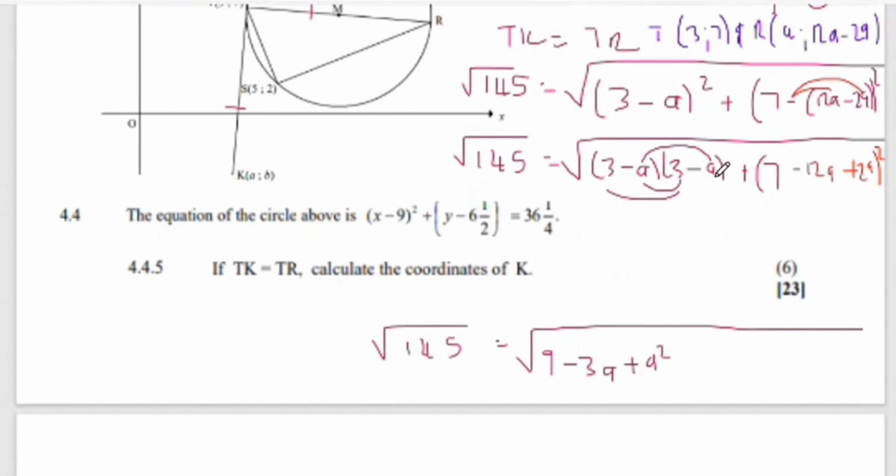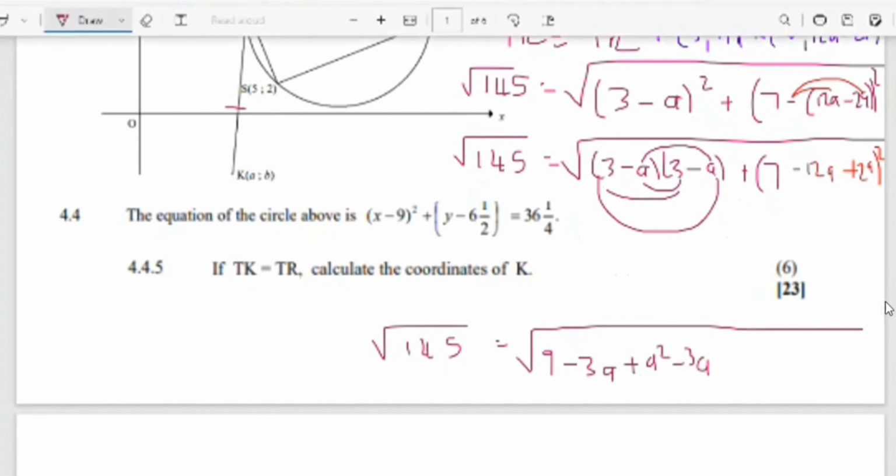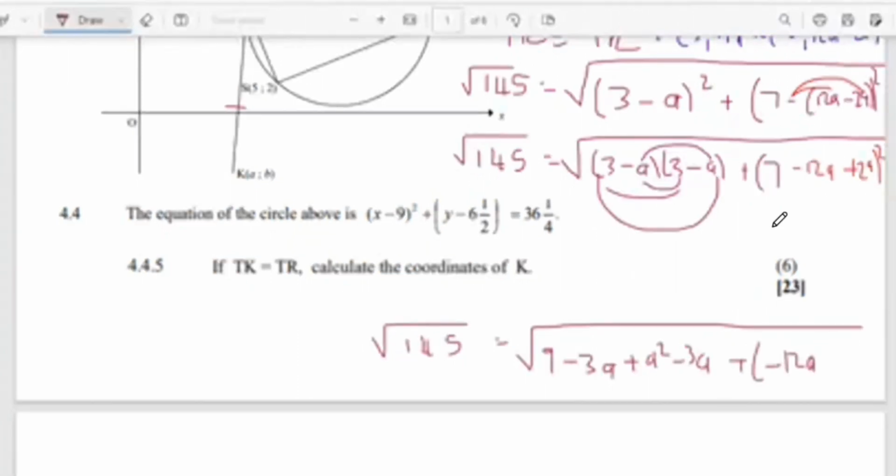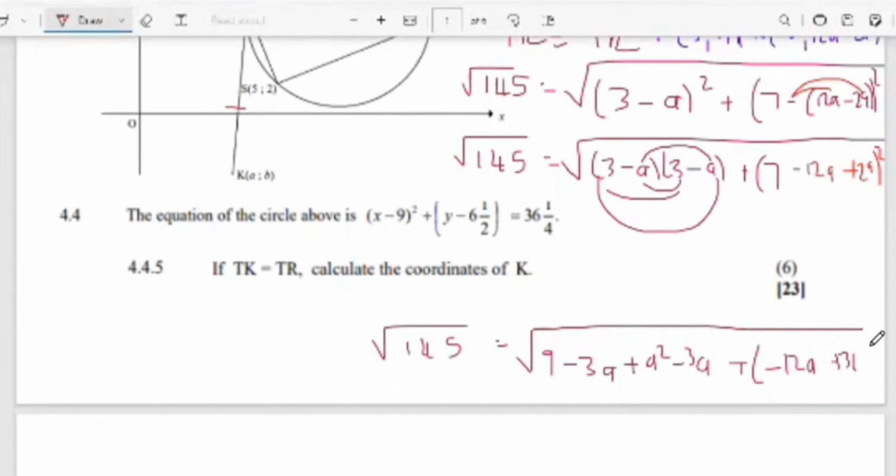And then we will multiply our minus a with the 3, which will give me minus 3a. If we look at the other bracket, we will say minus 12a, and 7 plus 29 will give me 36, squared.